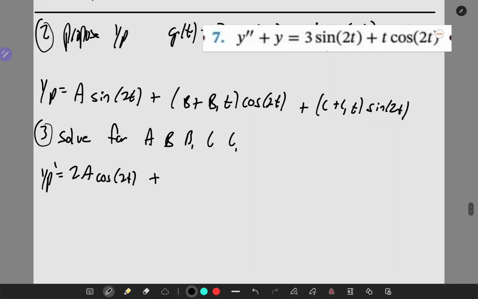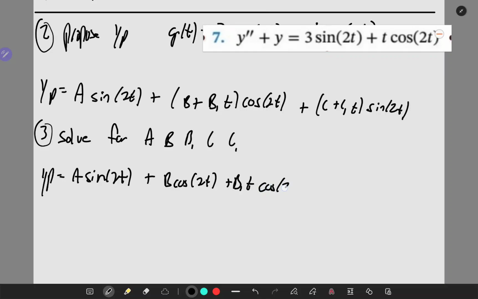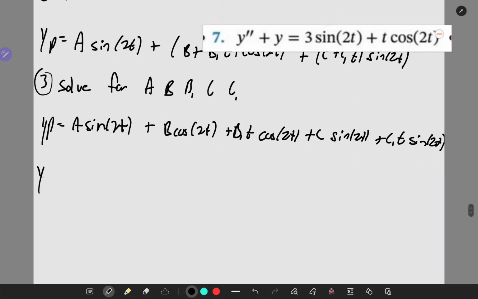I'm going to go ahead and rewrite y of p first, just to make this a little bit easier to take the derivative. So I'm just distributing the sine and cosine in. So now when we take the derivative, it'll be a little bit simpler to write out.